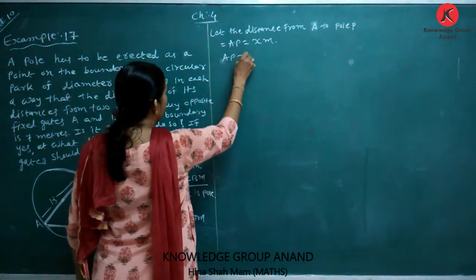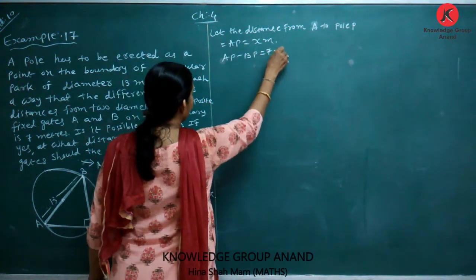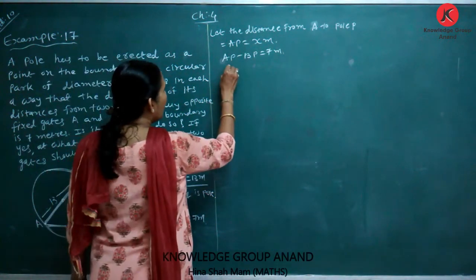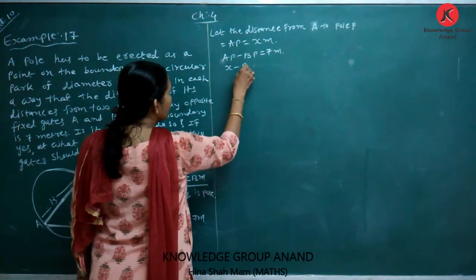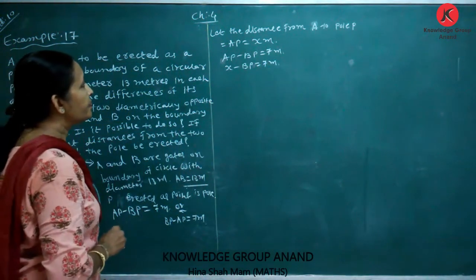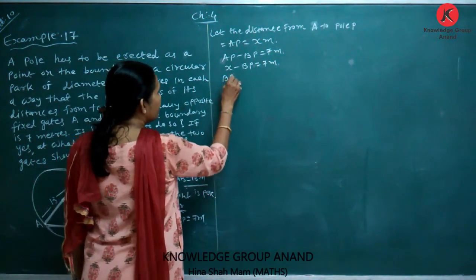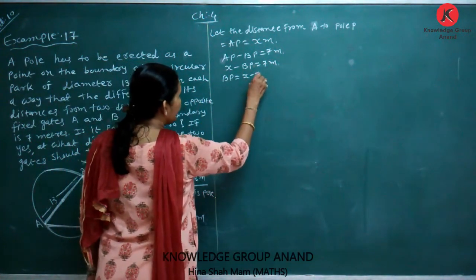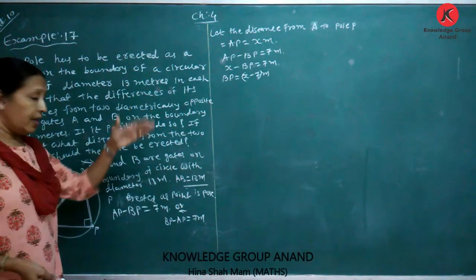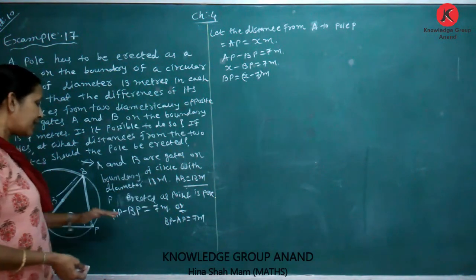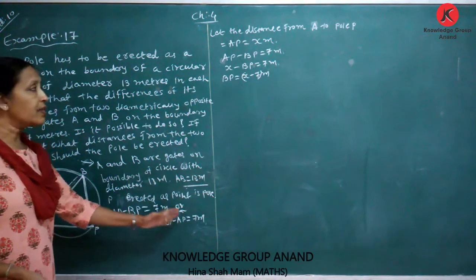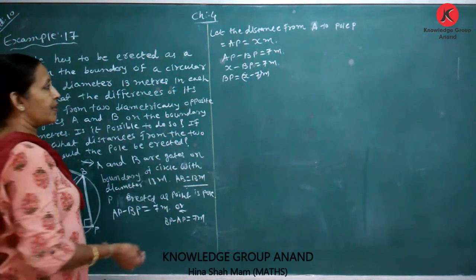Now AP minus BP = 7 meters, so x minus BP = 7, and BP = x minus 7. Otherwise, if AP is the smaller one, then BP minus AP gives the difference x plus 7.